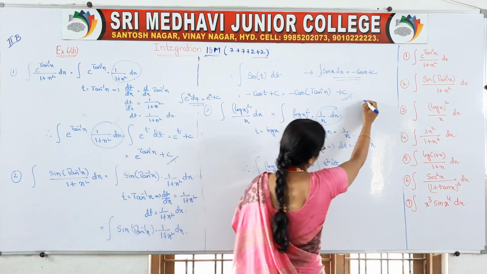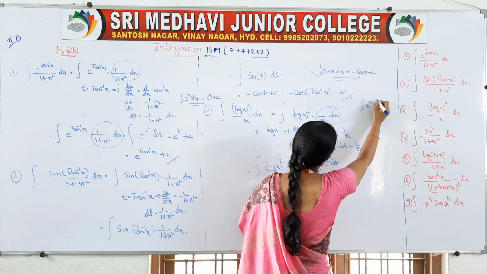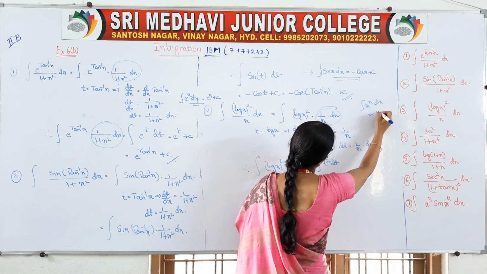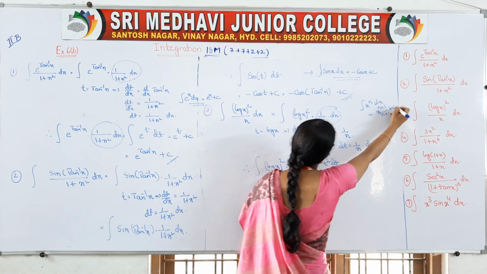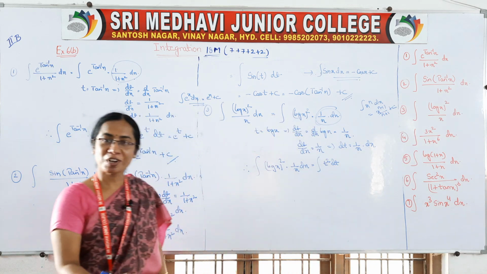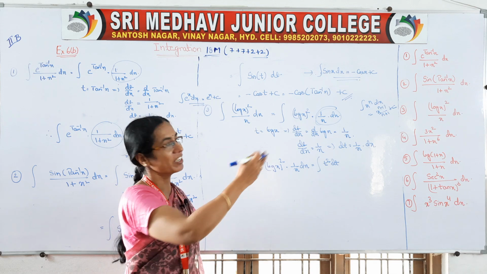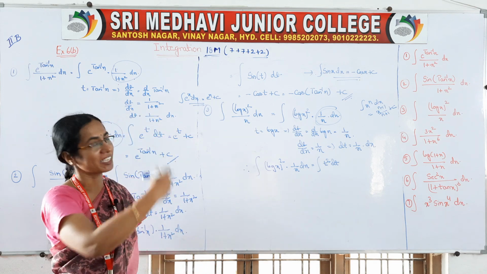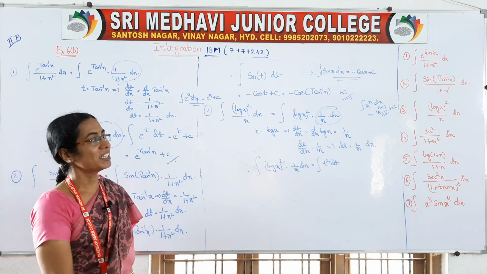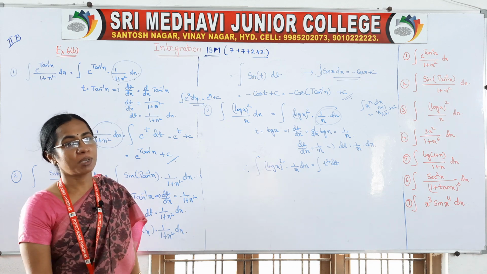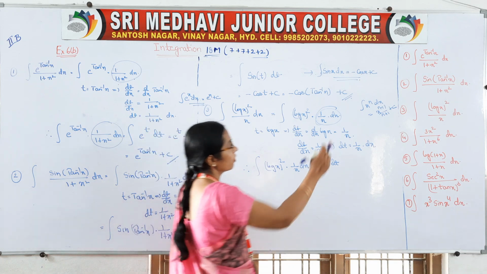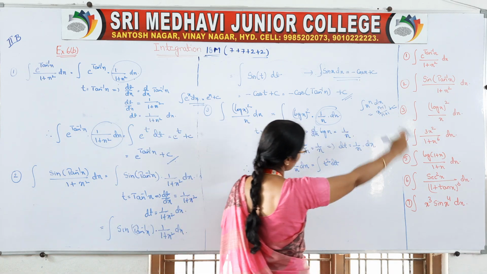Which form? Integral x to the power of n dx form, x to the power of n plus 1 by n plus 1 plus c. If you know the formula, you can say it with me while watching, so that your brain will get used to it, and you feel like our normal class. So what is the formula for integral x to the power of n dx?